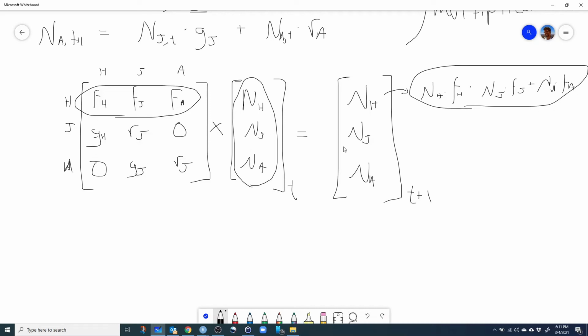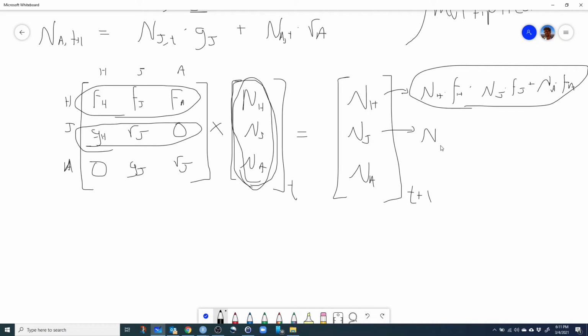And the same thing for the number of juveniles. We're taking all the information in the second row and all the information in the abundance vector in order to compute the number of juveniles next year.